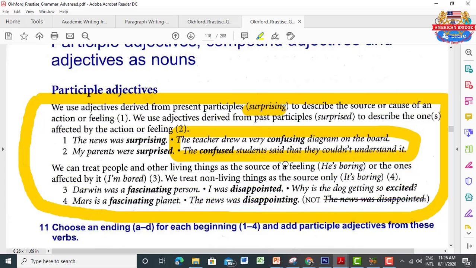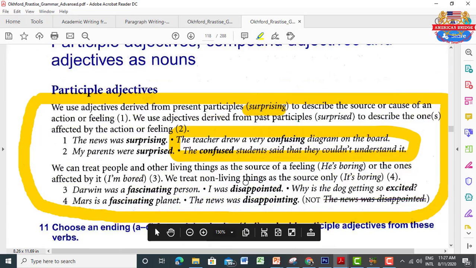Because we fall into our first rule, referring to the source or the cause of an action, we use ing. We use ed to mean it is affected by an action or feeling. One talks about the effect, the other talks about the cause. Hopefully everyone got what the teacher explained here.